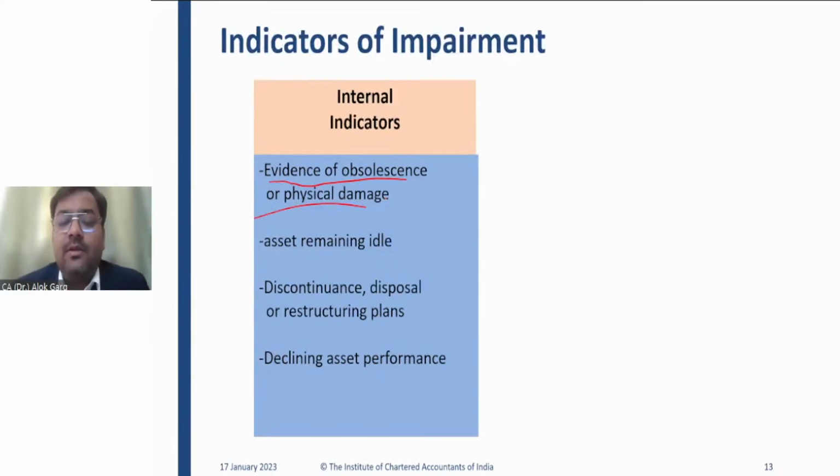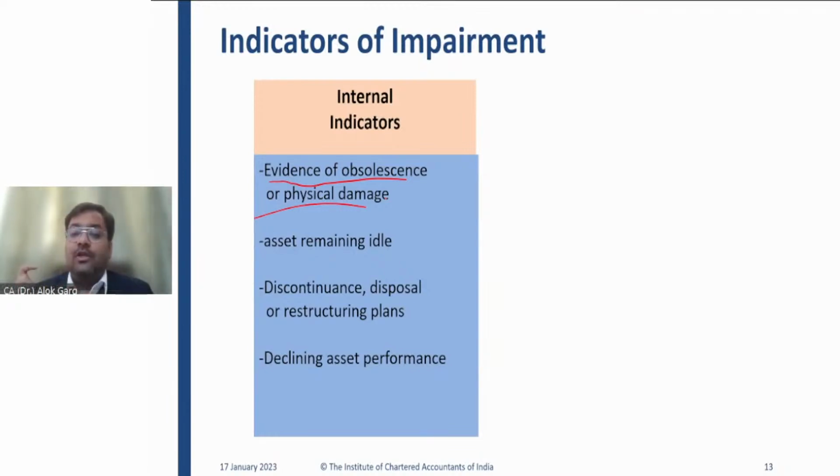But is it always less? It would depend. But is it an indicator to check the recoverable value? The answer is yes. So evidence of obsolescence or physical damage is an indicator of impairment, right?